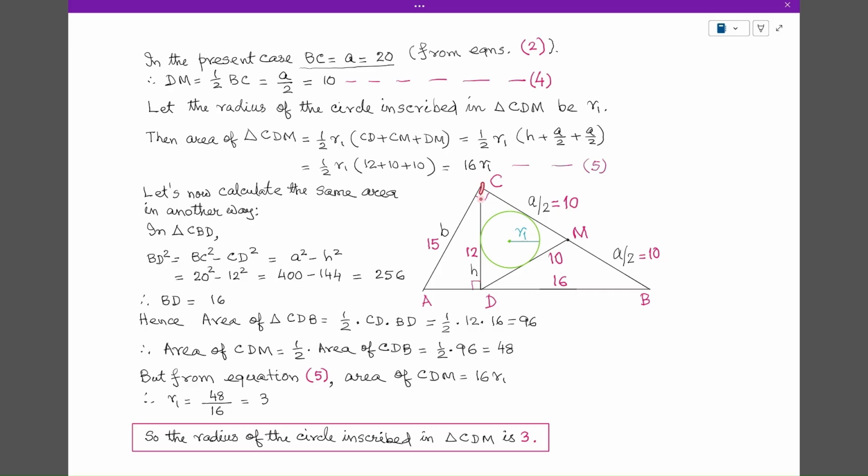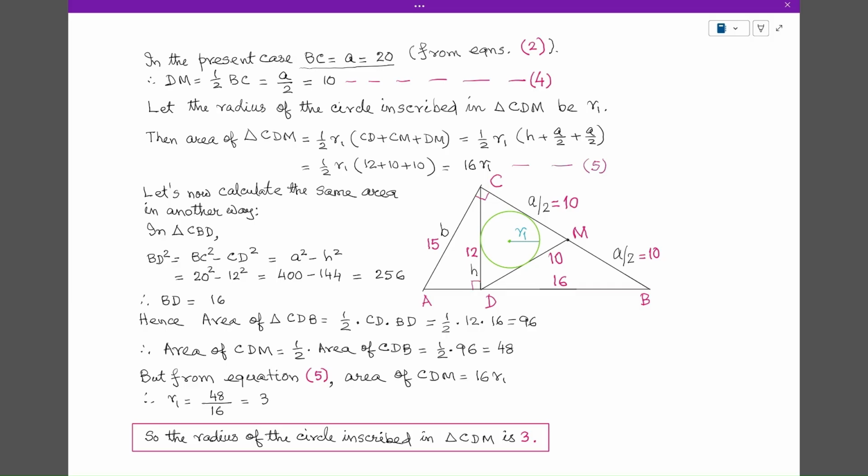Therefore, area of triangle CDM will be half the area of triangle CDB, which is equal to half of 96, that is 48.